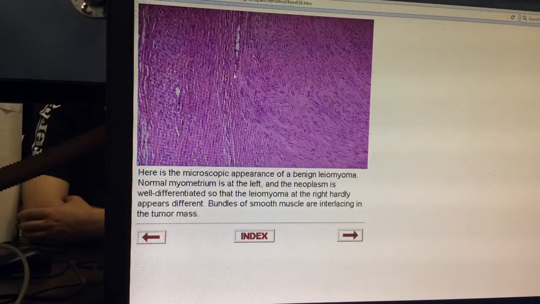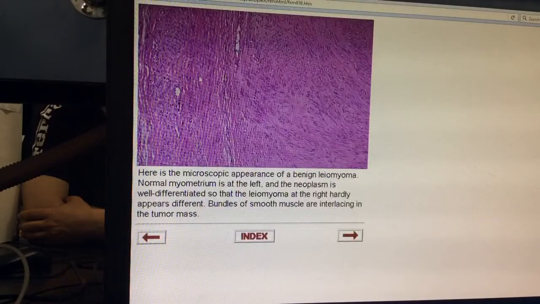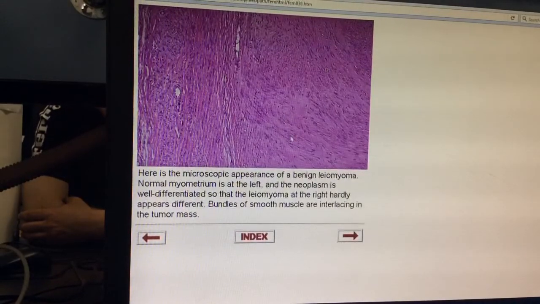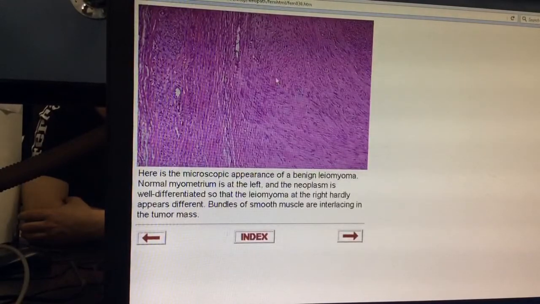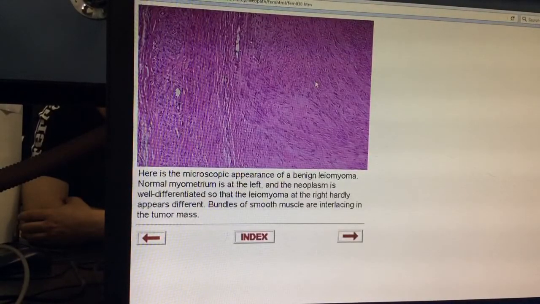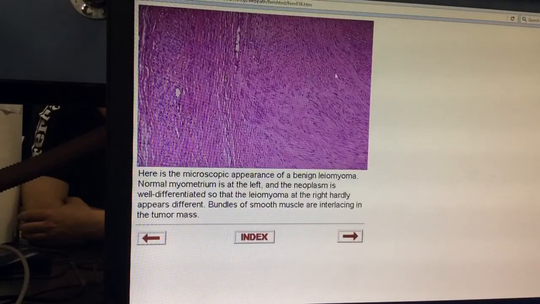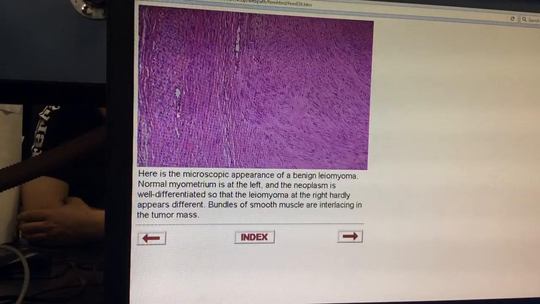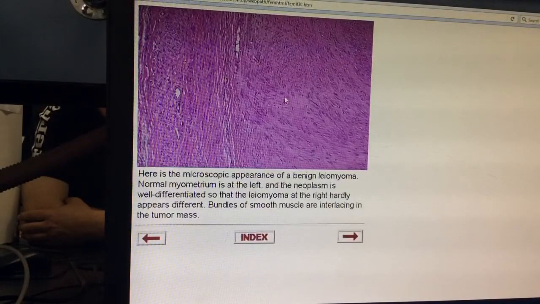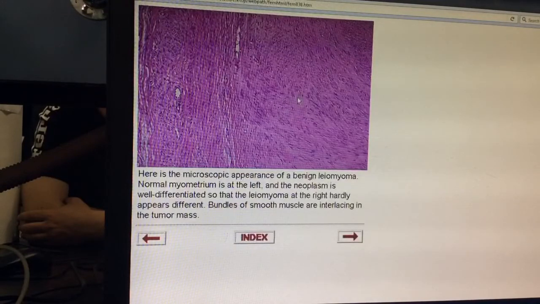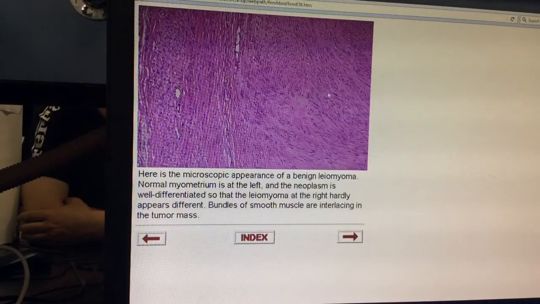Okay, this is the normal myometrium in the left side, and this is the abnormality. As we see, we cannot distinguish between the abnormality and the normal, because those are totally benign lesions found in the myometrium, which are called fibroid or fibroids.